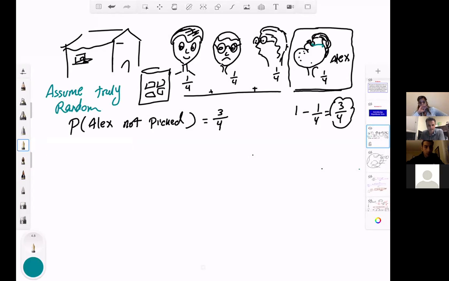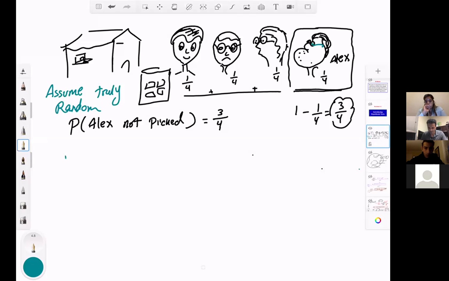After 3 nights, Alex didn't get picked. Do you think there is a problem with that? So random tonight, Alex wasn't picked. Tomorrow night wasn't. And the third night, Alex wasn't picked. Do you think any fishy things going on there? If Alex is picking, is it cheating?